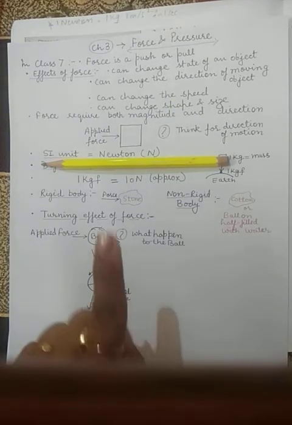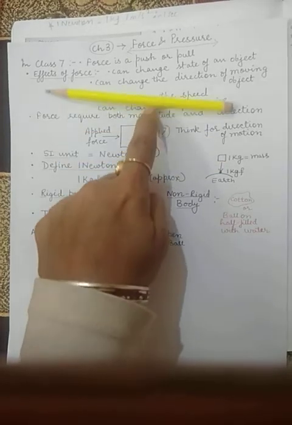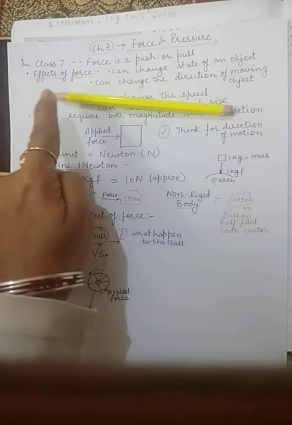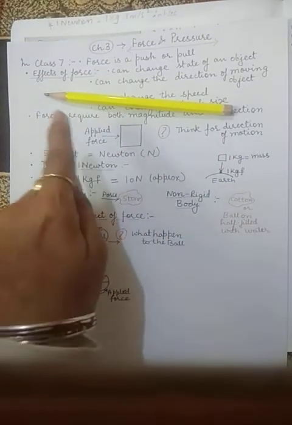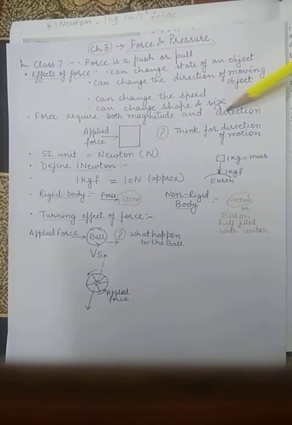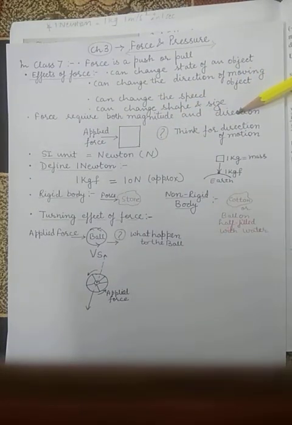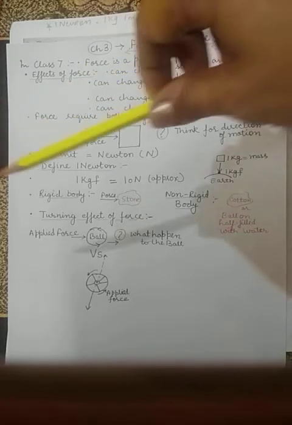Now for pushing the pencil upward, I have to apply the force in this direction. I can't apply the force in any other direction. There is one direction only. So whenever we apply force on any object, we have to think about the direction of the force, in which direction I should apply the force so that the object can move.